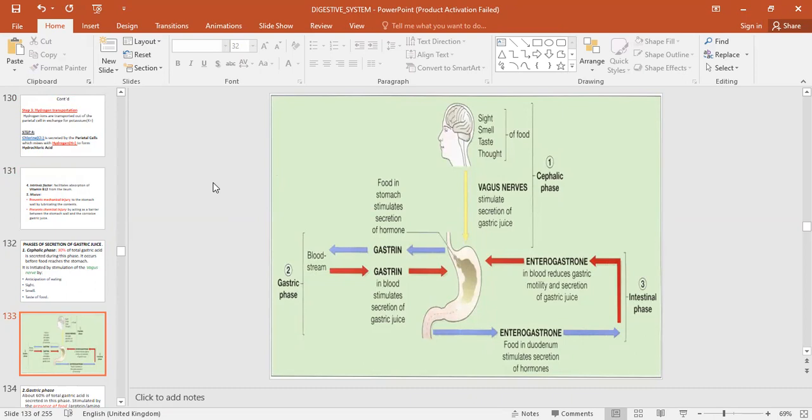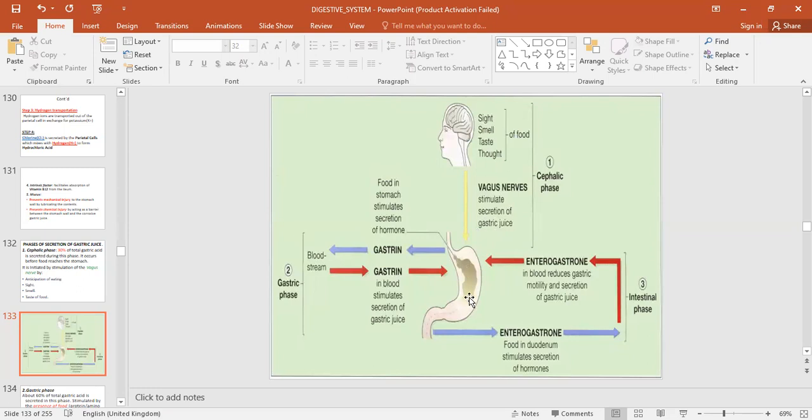Number 1 is cephalic. So thinking about food, smelling nice food, tasting food in the mouth, and seeing food and thinking about food. So sight and thought, tasting food, smelling food, all those will cause secretion in the stomach.